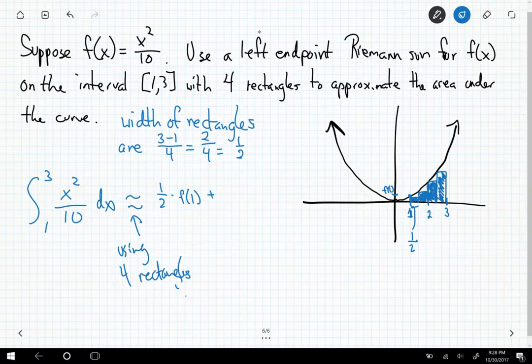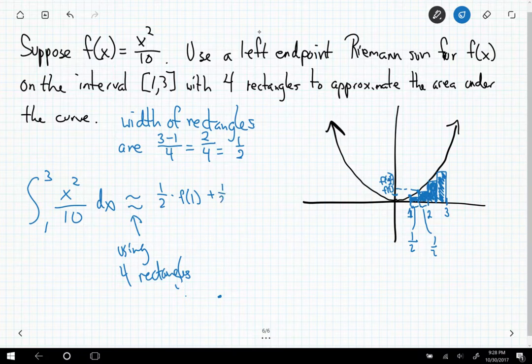what's our next one? Well, the width of this rectangle is 1/2. And then what is that value? Well, we've added a 1/2 to 1. So notice that height has to be f of 1.5, or so we can do it without a calculator, f of 3/2.